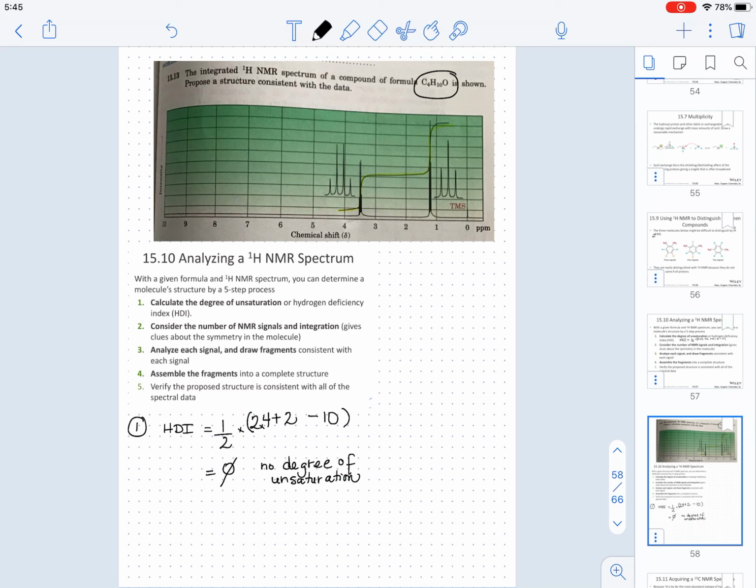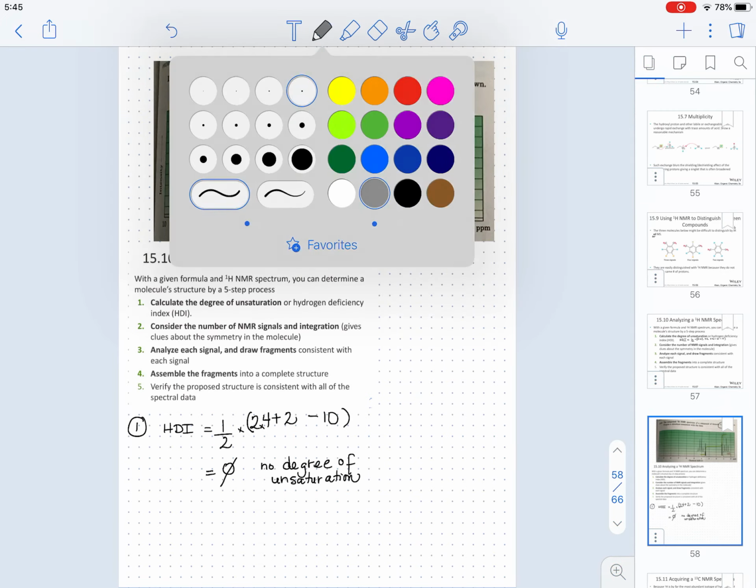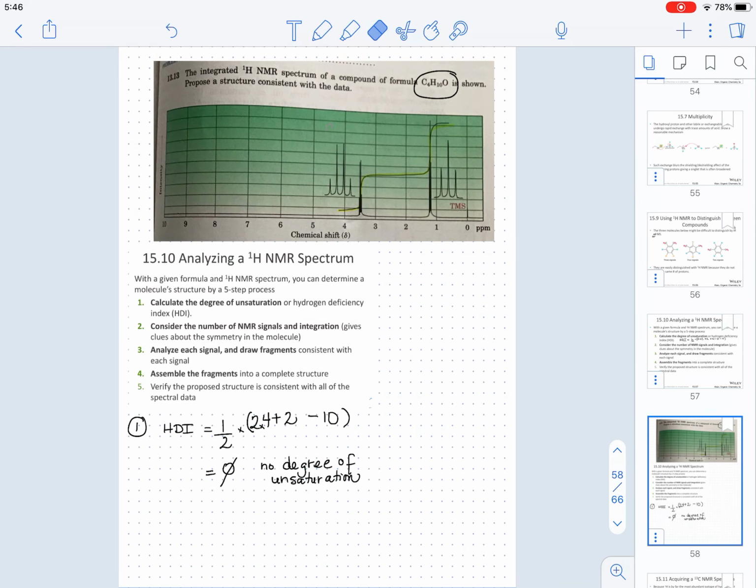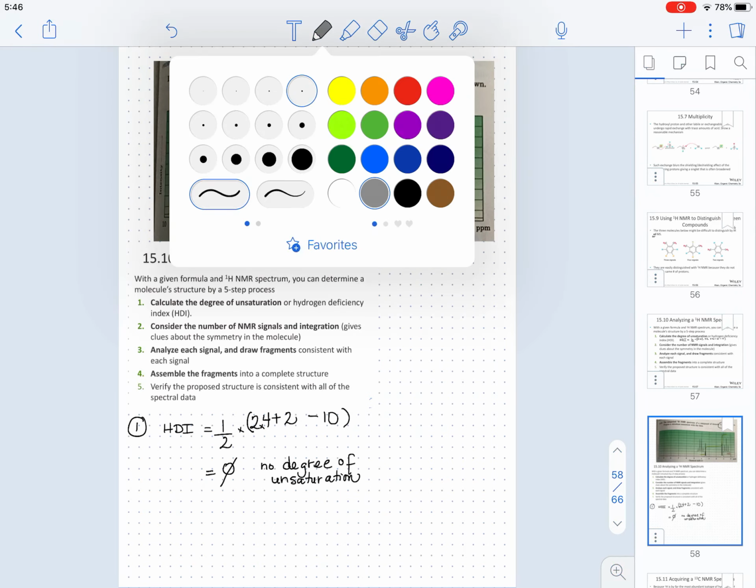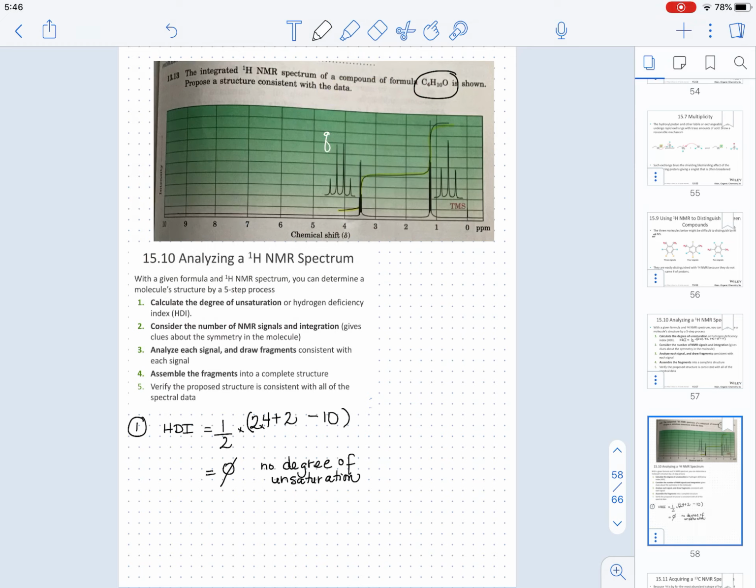So when we look at the signals that are given between 3 and 4, we have a quartet, and a little bit past 1, we have a triplet. Then we are going to analyze each signal and draw the fragments.